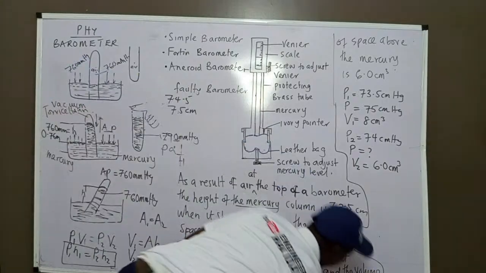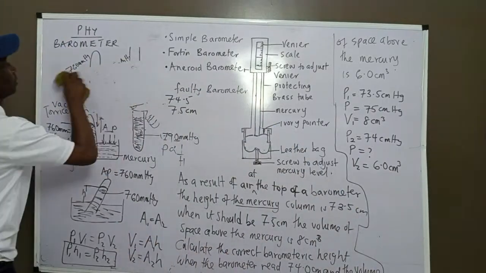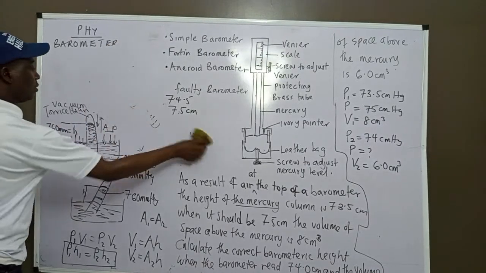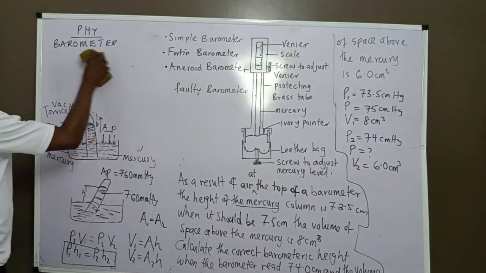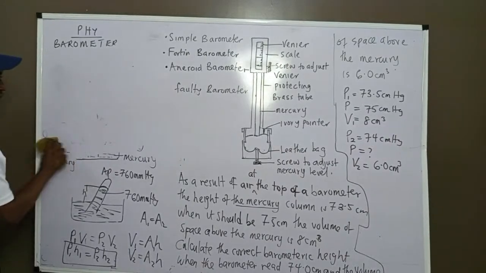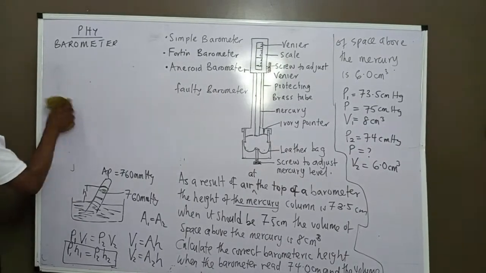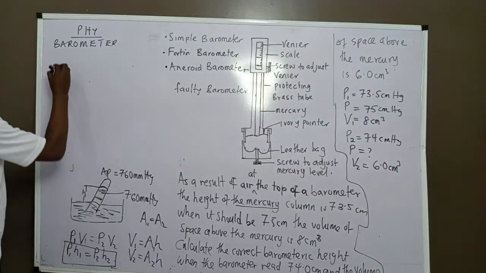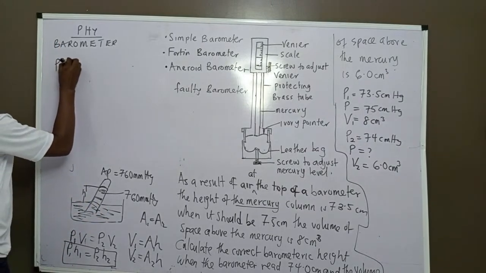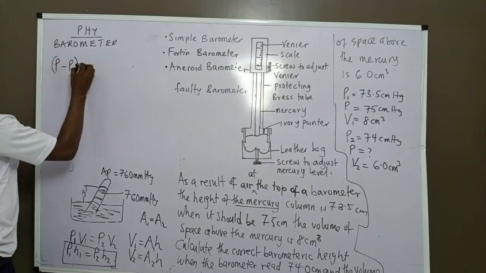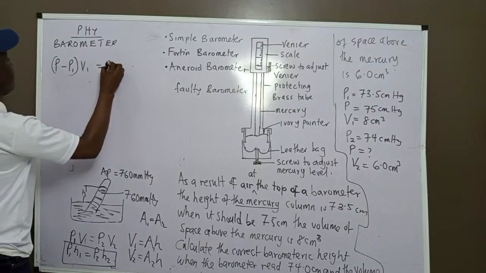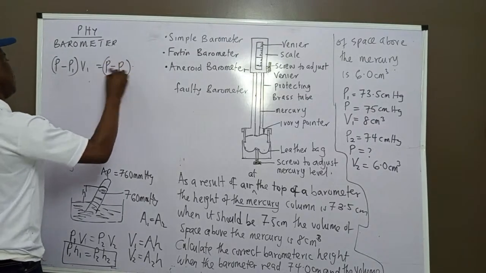Now what we are going to do is to use our formula: P minus P1 times V1 equals P minus P2 times V2.